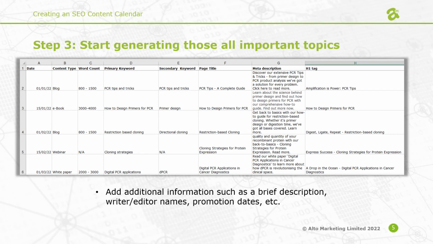This helps limit the time for research when it comes to writing. We also assign writers and editors at that point, talk about promotion dates, and decide where the content will be promoted. Is it going to be promoted on LinkedIn, for example? That way, going back to slide 1, your team understands what it is that needs to be delivered and when.